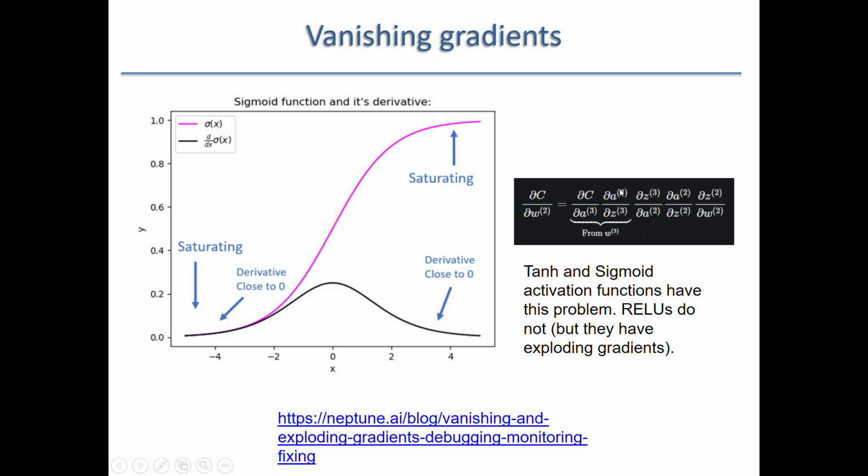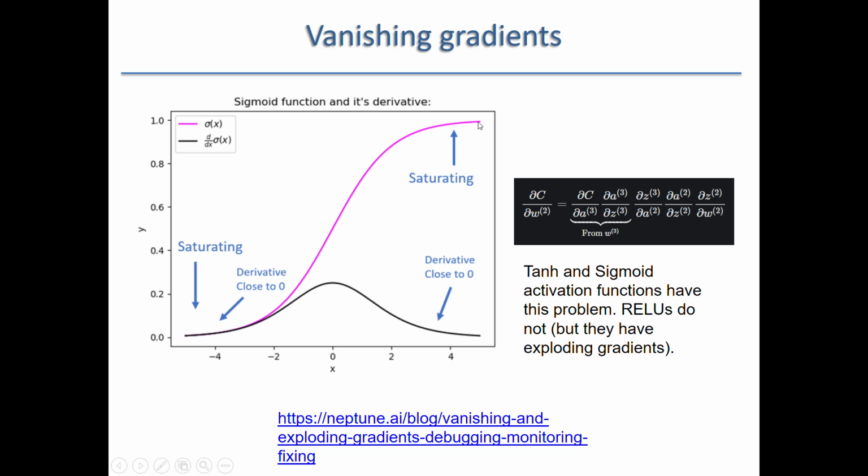A with respect to Z, no matter which layer we are in. So let's say that this is our activation function. The activation function is a sigmoid. At some point it saturates between 0 and 1, so beyond -4 it is almost 0, beyond 4 it is almost 1.